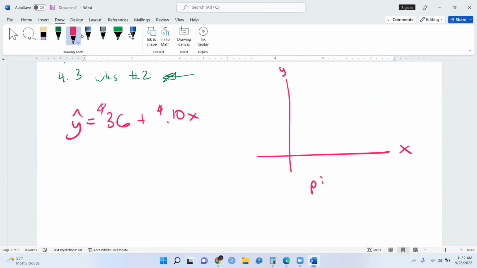Is it P-E? Is it P-I-E-C-E-S? Pieces? That seems right. And then this is price. All right. So this is cost of a set based on pieces of a Lego set. Where the X variable is pieces, the Y variable is price. Here's what I want you to do. Identify the slope and interpret it in the context of this situation. 5 minutes.